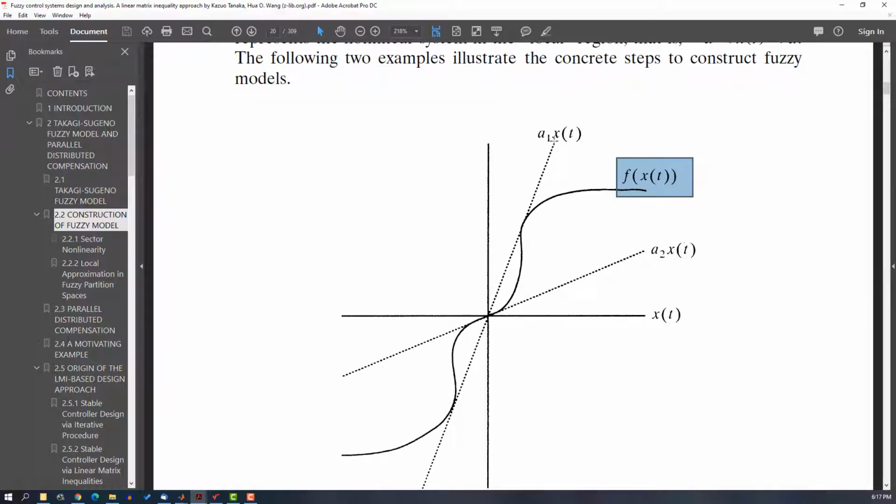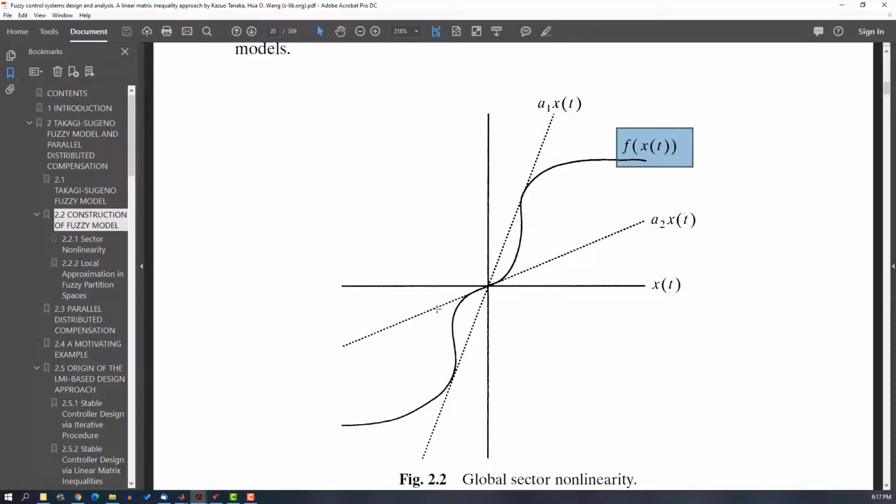Here and here you have the mass. So for sure you have the maximum value of your function, your nonlinear sector, and the minimum is the same for both sides, here and here. So by drawing two lines like this, you ensure that your nonlinear sector will only vary inside the range between the two straight lines, A1 and A2.